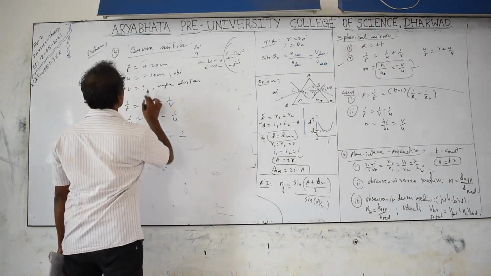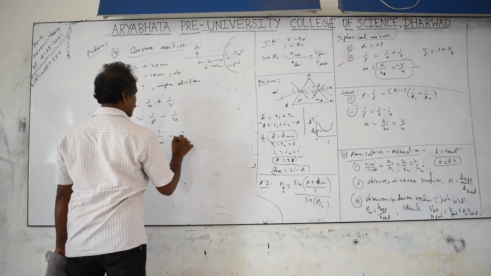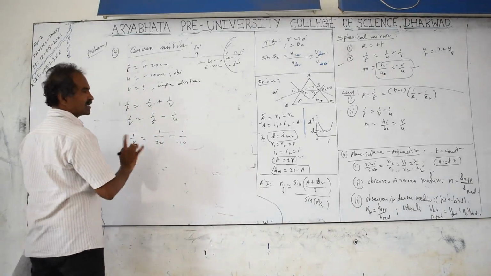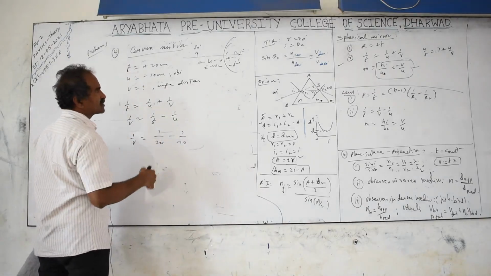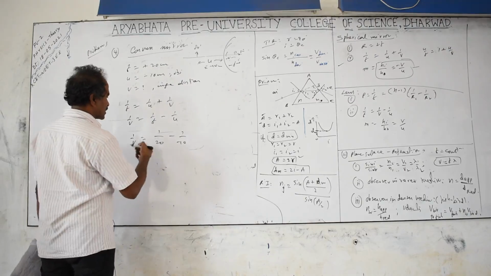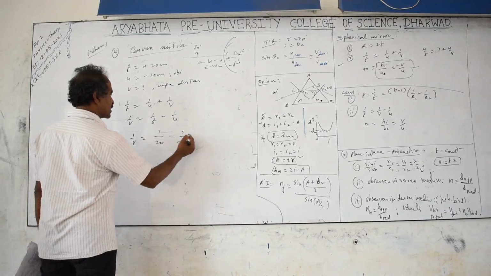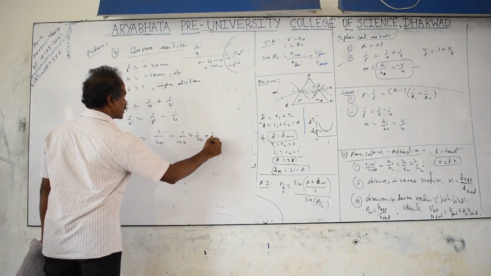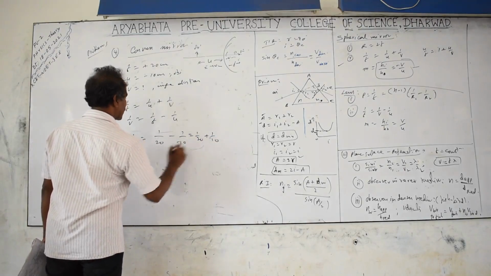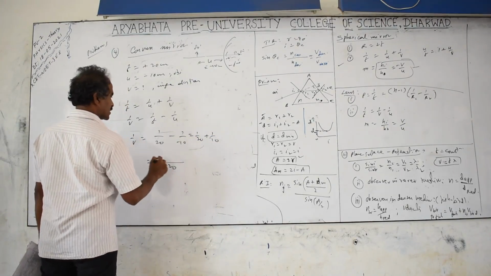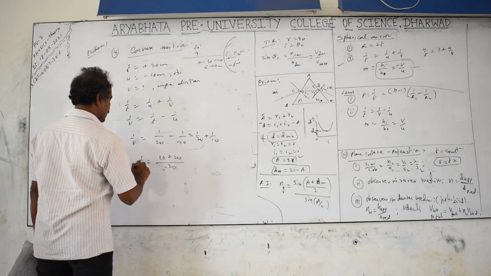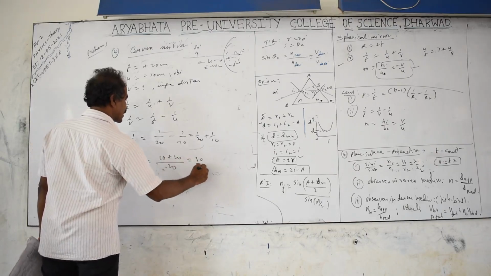One by u is minus 10, so minus into minus becomes plus. Don't convert into SI units please. For these problems you can take everything in CGS only, and the result will also be in CGS. This becomes plus 1 by 20 plus 1 by 10, LCM 20.